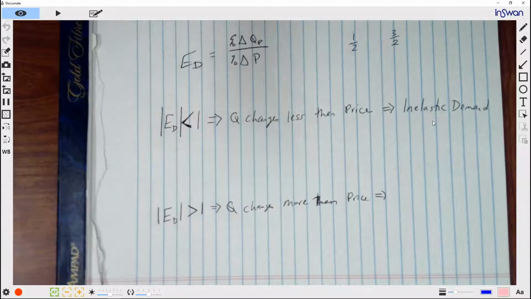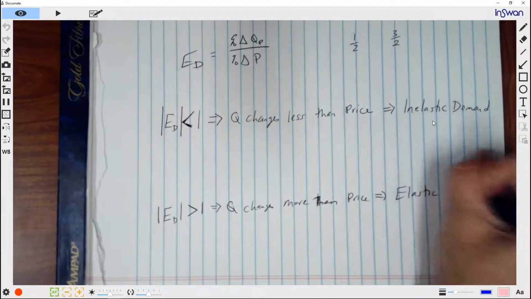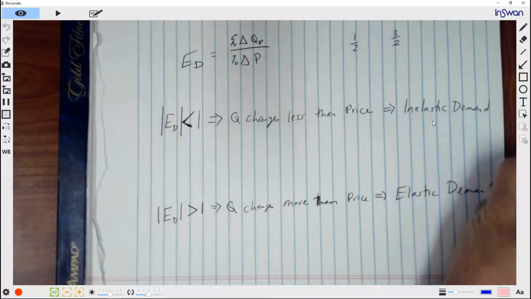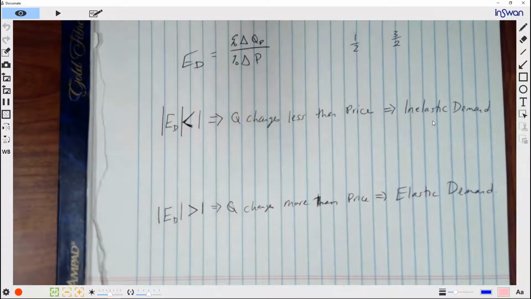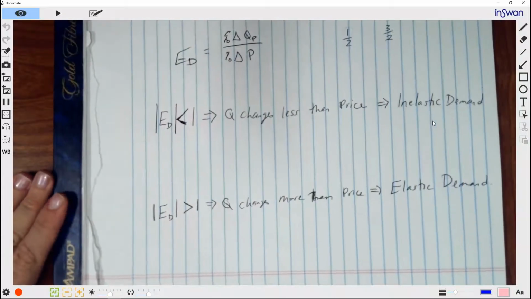Right? So remember, the price is like our tug and the quantity is like our object, the rubber band. If a small price change results in a large quantity change, this is elastic demand. This is where we see a very responsive quantity change to a small price change.